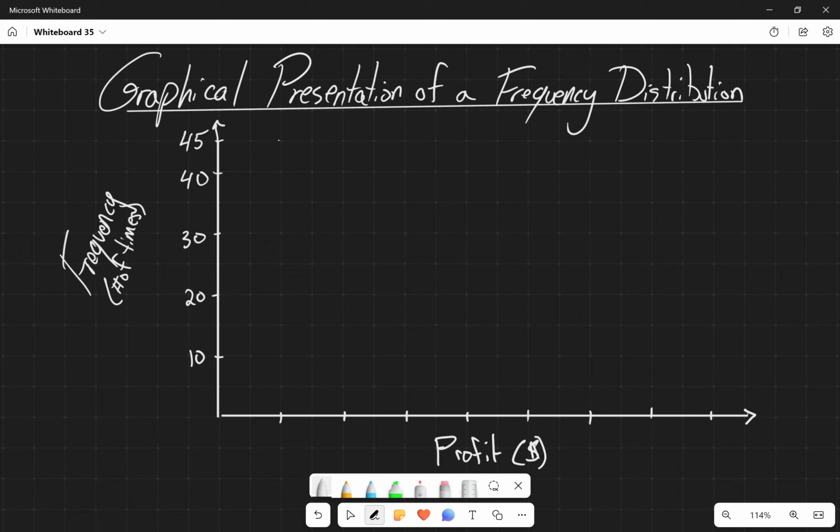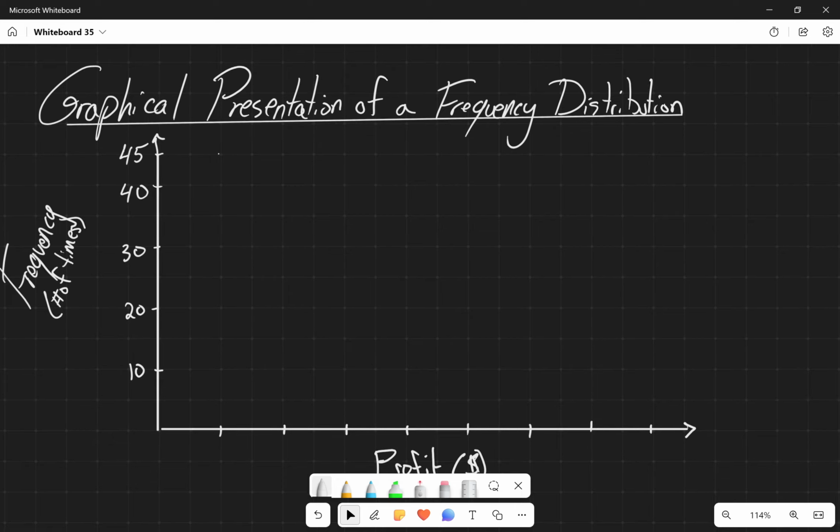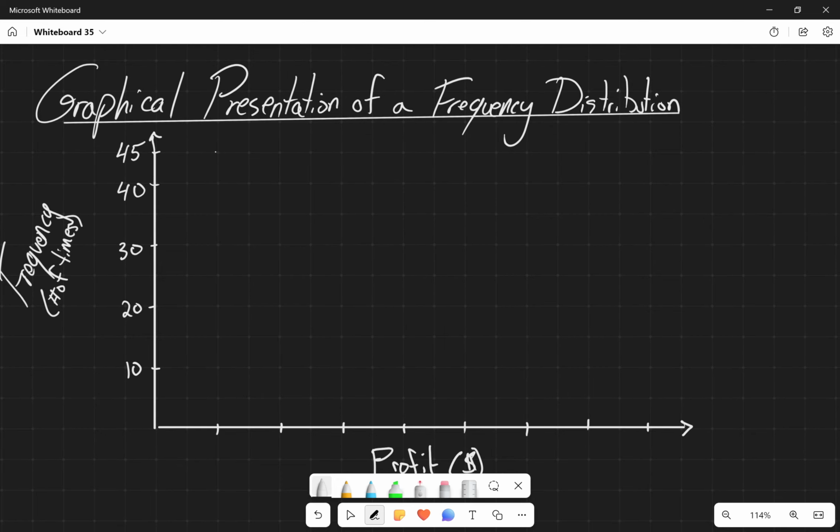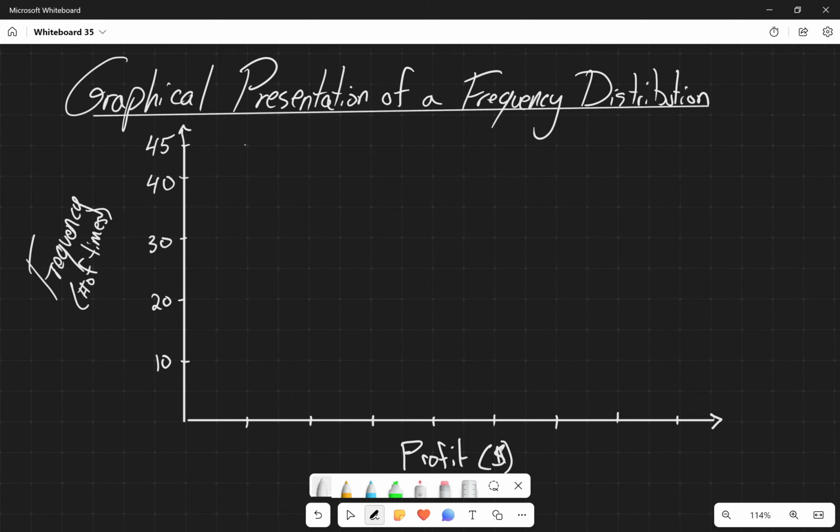And so the data that we're given, we're going to put this into a histogram here. A histogram is where the class frequencies are marked on the y-axis, the vertical axis, and the classes are marked on the horizontal axis.